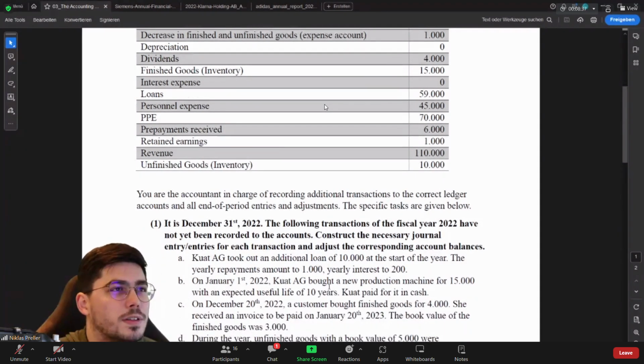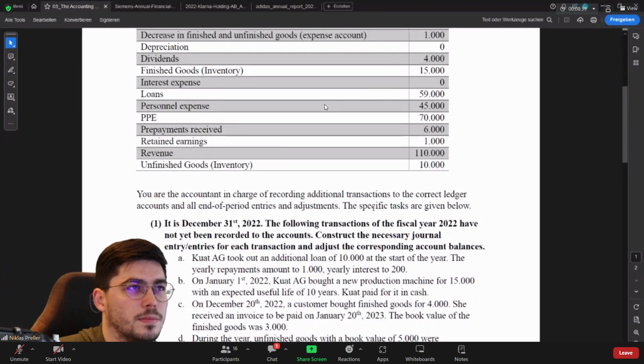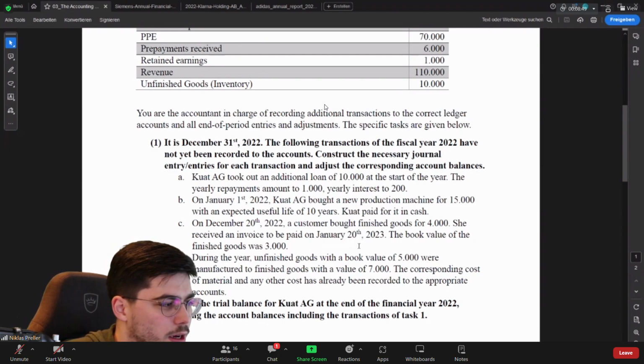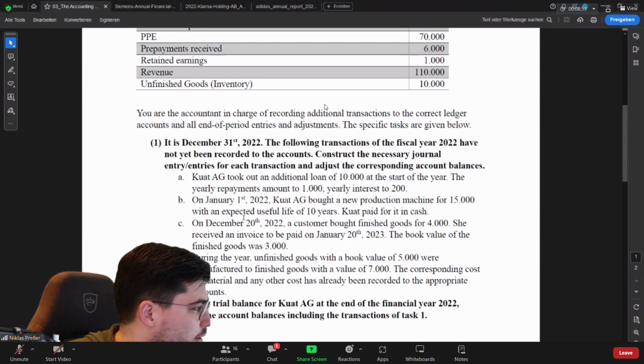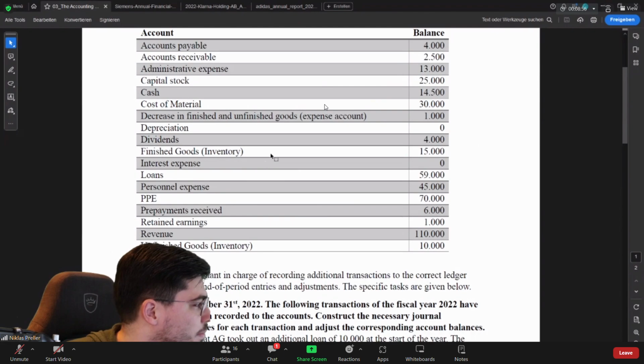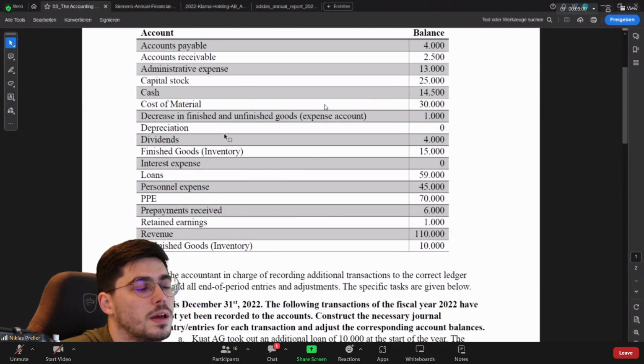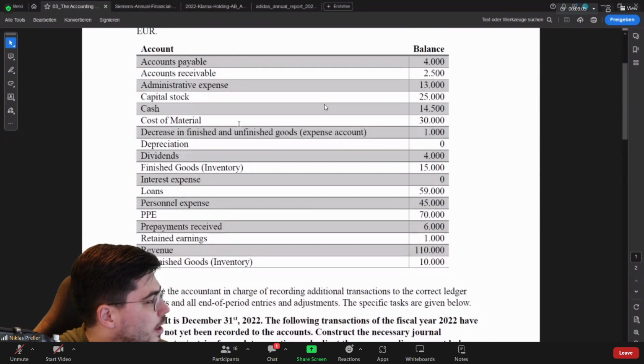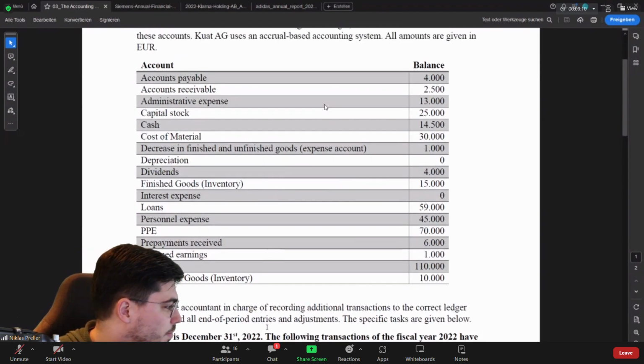Now we have some more specific tasks. First of all, it isn't mentioned here explicitly, but we will construct the trial balance at this point in time with these accounts. That is not strictly necessary, but it makes the job a little easier for recording the transactions later.